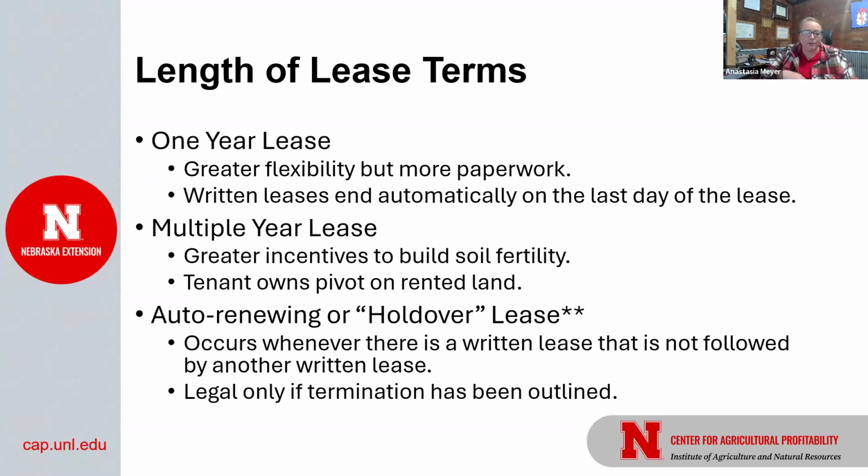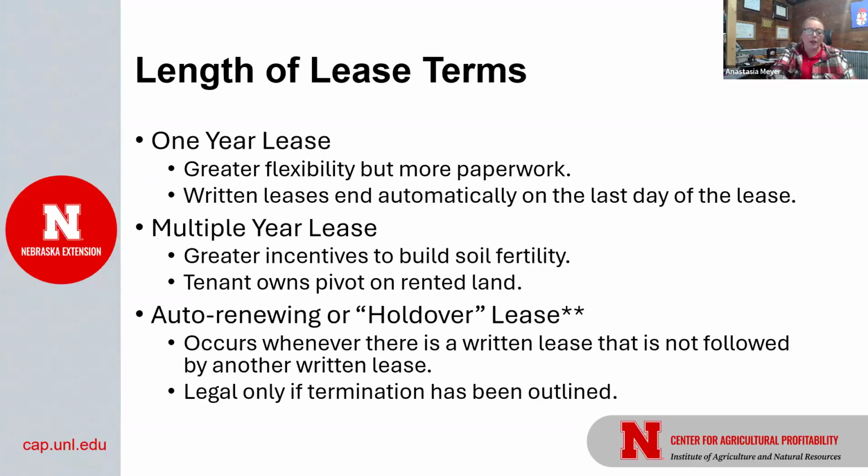Let's go over those a little bit. A multiple year lease is when you rent to them for 5 years, 10 years. I've seen some that are 20 years. I think the length of the lease needs to be realistic, right? If I am 90, I'm probably not going to be signing a super long-term lease. But I think it is acceptable to say a 5 year lease if they are putting in some nutrients, or if they're putting on a pivot.